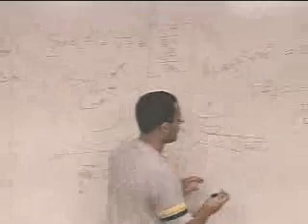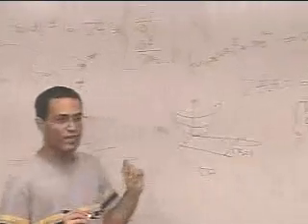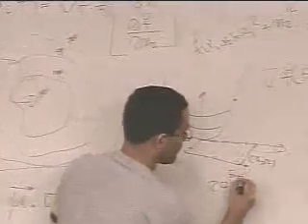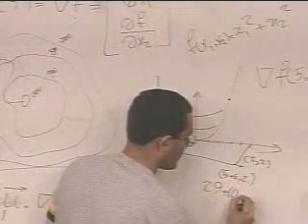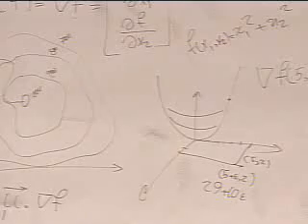The value of the function at (5, 2) would be 25 plus 4, which makes it 29. Now if I move epsilon in that direction, going to (5 plus epsilon, 2), the value of my function would be 29 plus 10 epsilon. Is it clear?